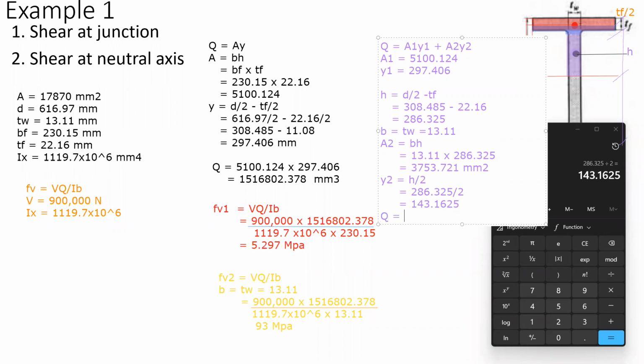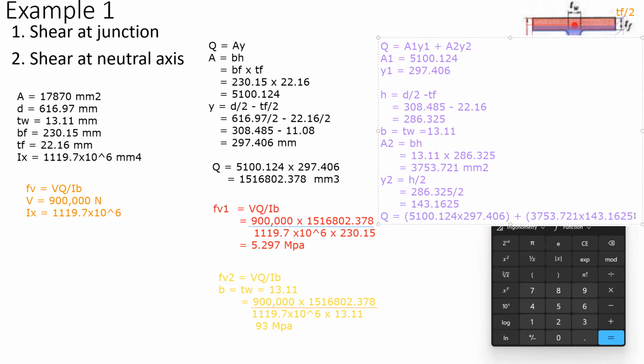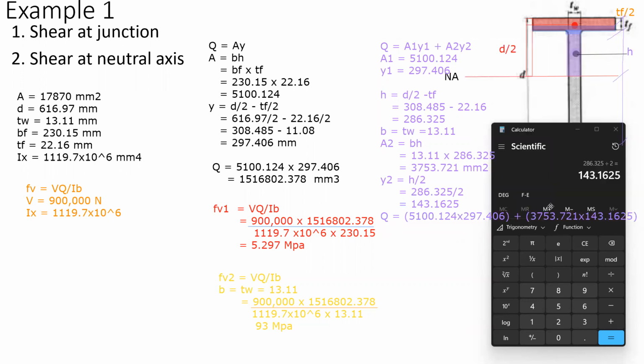Q at the neutral axis is equal to A1, 5,100.124 times Y1, 297.406 plus A2, that is 3753.721 times Y na 143.1625. Ayan. Okay, so let's put that into our calculator.